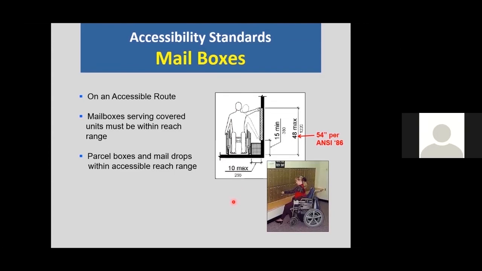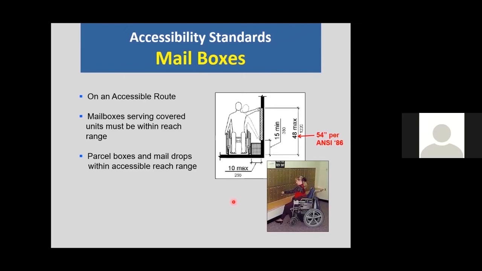One major thing that comes under common use amenities is mailboxes. And this is because the scoping documents and even the standard don't cover HUD's current position, which is that all mailboxes that serve covered dwelling units must be within an accessible reach range.